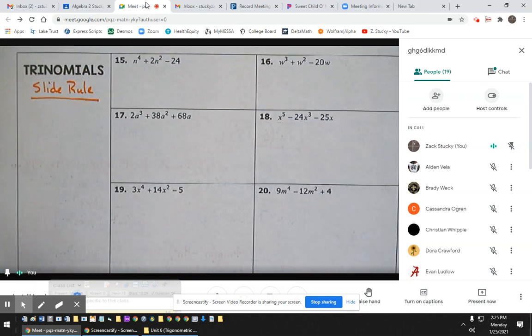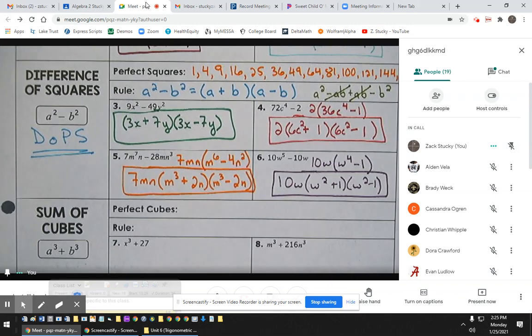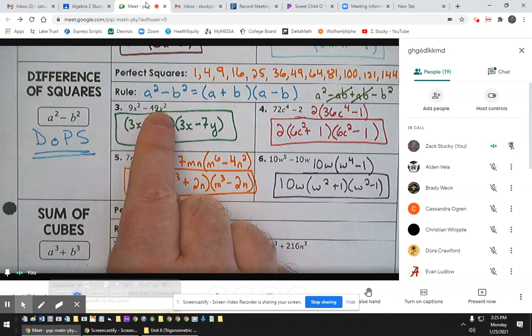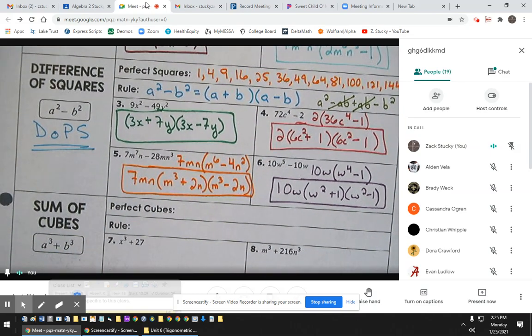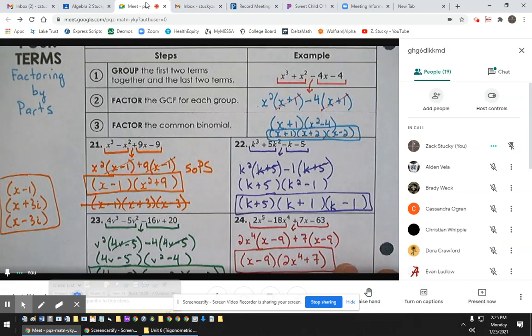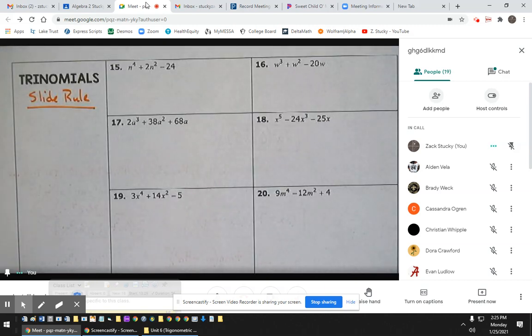Okay, so first of all, how do you recognize dopes? Perfect squares and how many terms? 2. They have to have some perfect squares in there as well. How do you recognize factor by parts? 4 terms. How do you recognize slide rule? 3 terms.